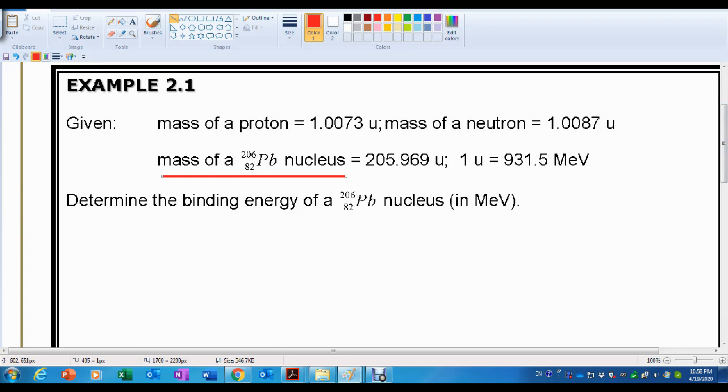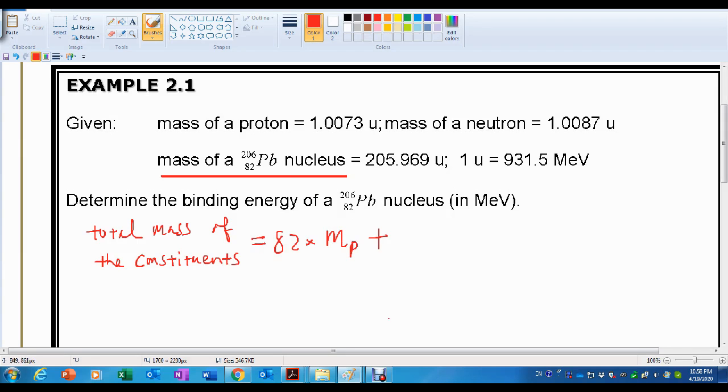And how could we get the total mass of their constituents? Of course, we need to know how many protons. It should be 82 protons, so my mass of protons plus how many neutrons? 206 minus 82 times the mass of neutrons.